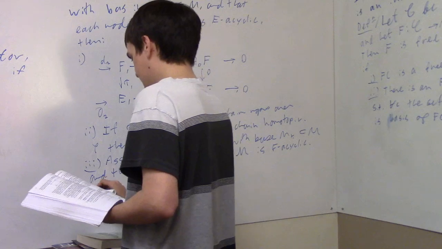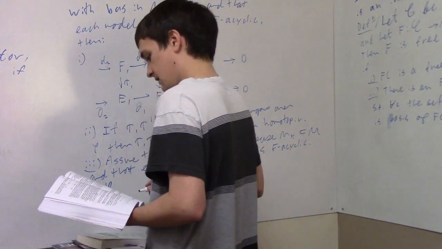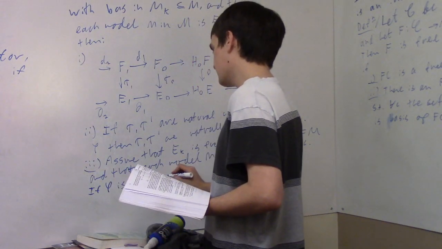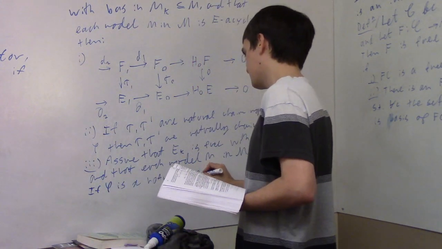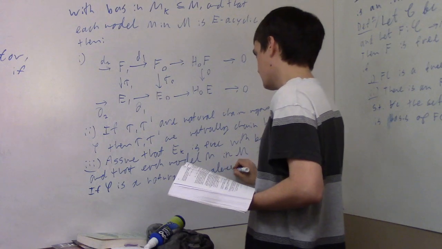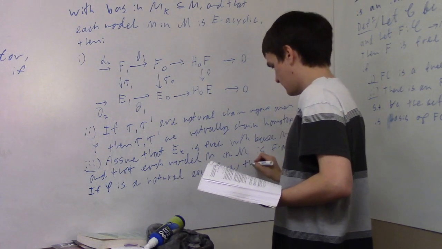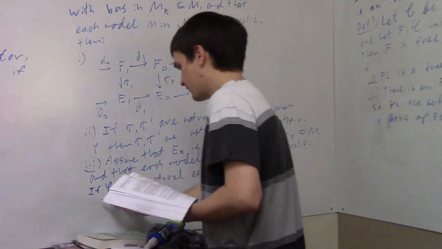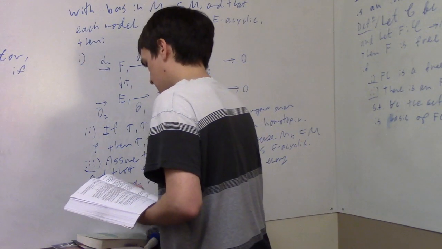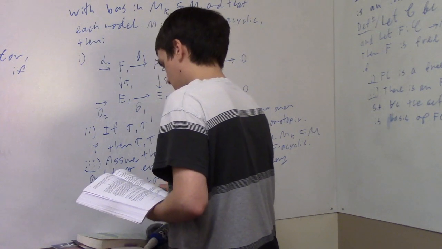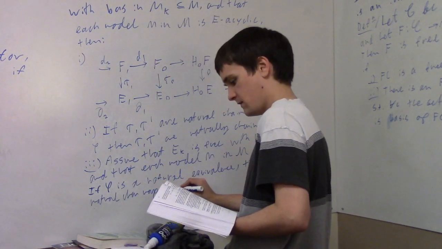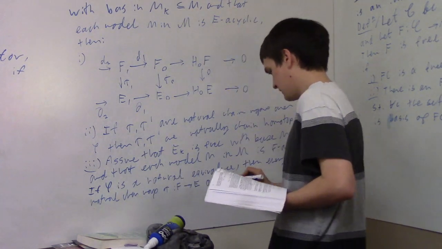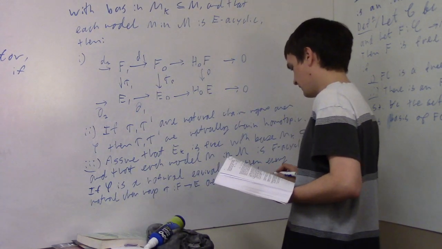Then if phi is a natural equivalence, then every natural chain map tau from F to E over phi is a natural equivalence.